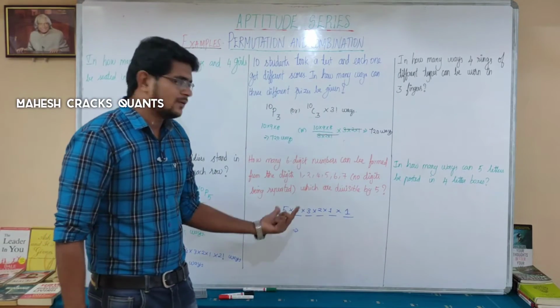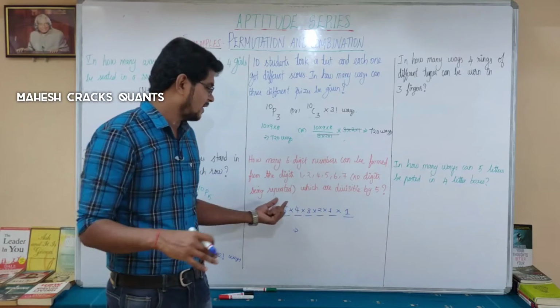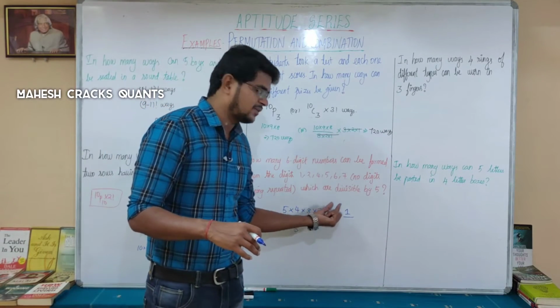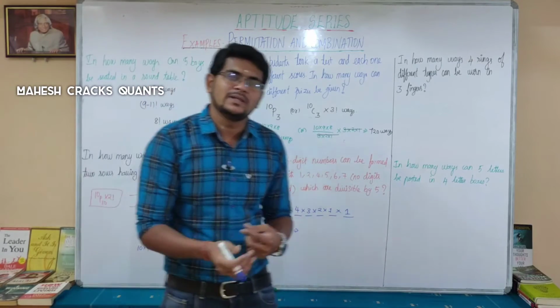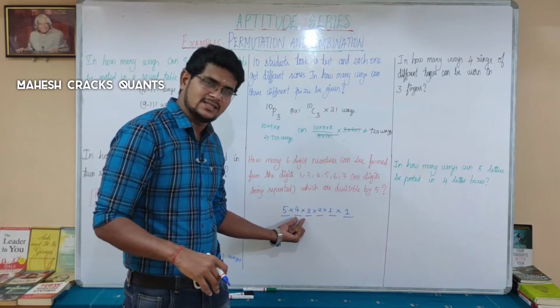Okay, that's it. Repetition allowed means you will place 5 in all the places: 5 into 5 into 5 into 5 into 5, because you can place any digit out of these 5.